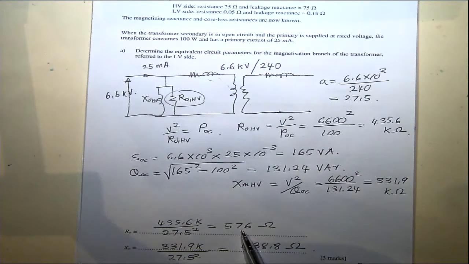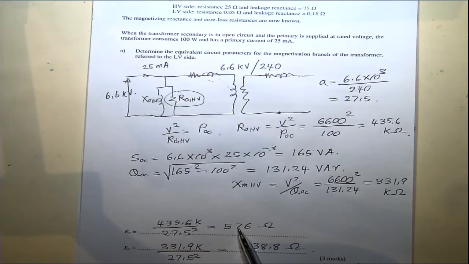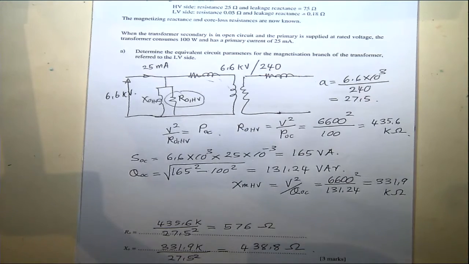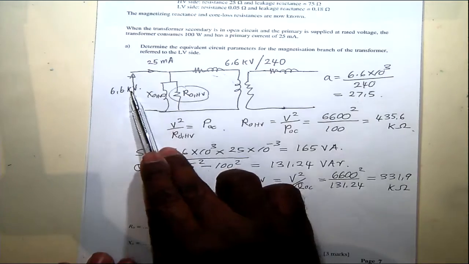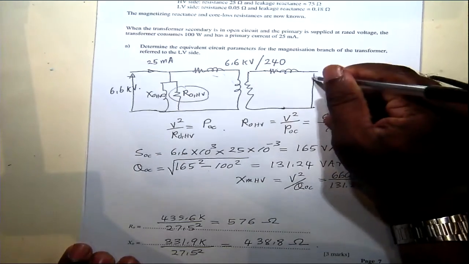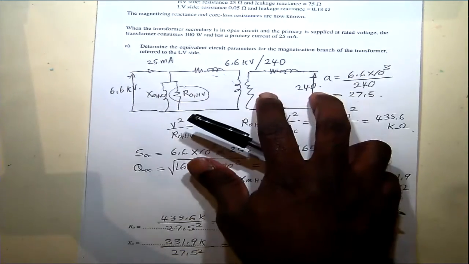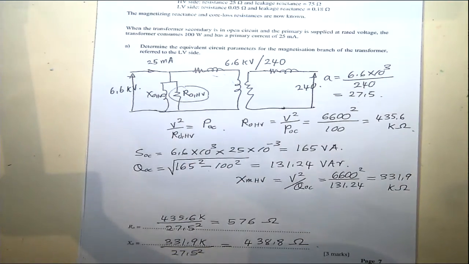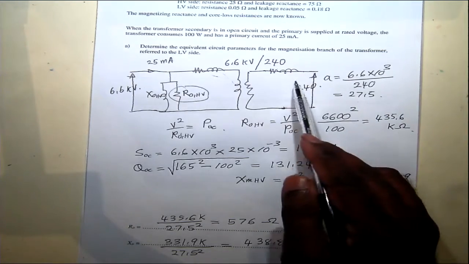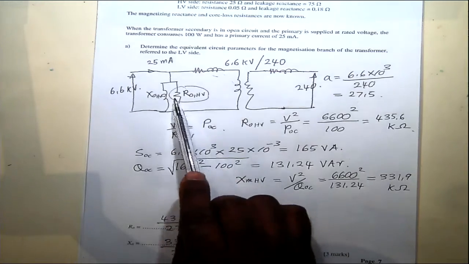Is it a mistake? I shouldn't say a mistake, it's an intelligent decision. Effectively, if you have 6.6 here, this side will be 240 anyway. And then if you move this to the other side, that's you referring it to the low voltage side, the real power consumption you can assume is pretty much in this resistor.